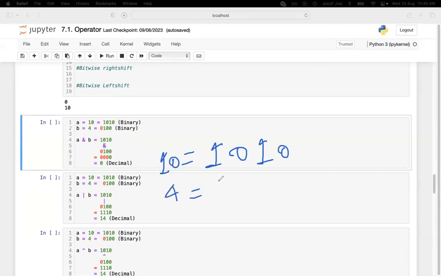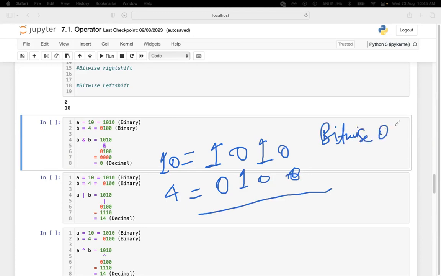What is the representation of 4? 0100, correct? Now I am applying the bitwise OR operator.